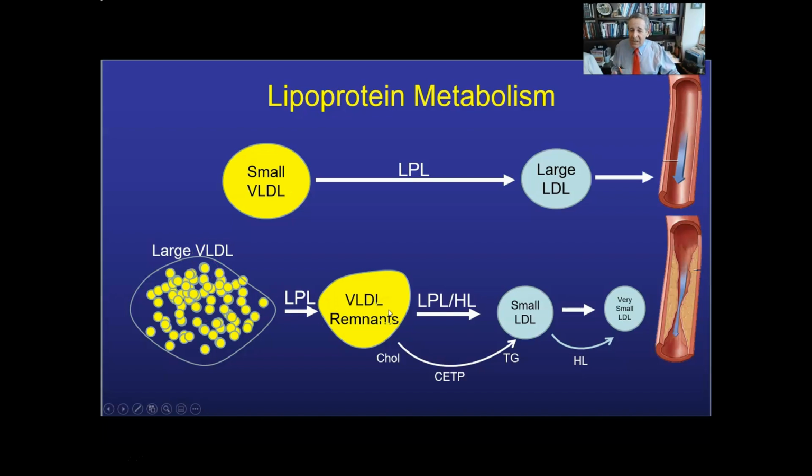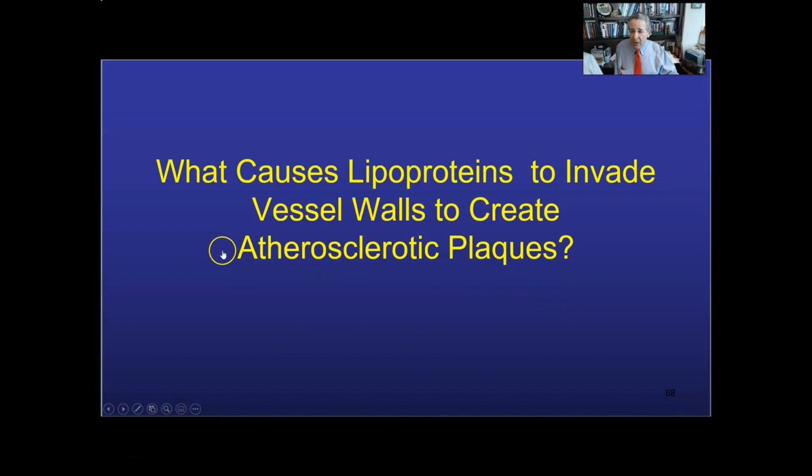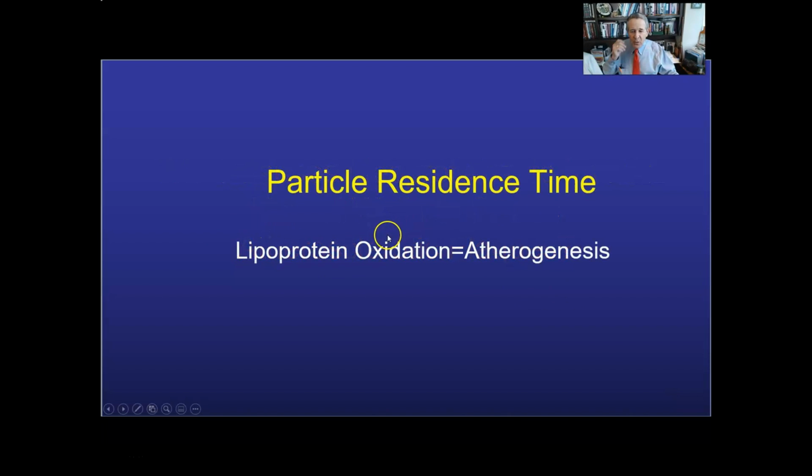They're very slowly metabolized, unlike normally shaped small LDL. It's metabolized to large LDL, and that does not cause atherosclerosis. But the slowly metabolized does. So what's going on here? What causes lipoproteins to invade vessel walls to create the atherogenic plaque burden?